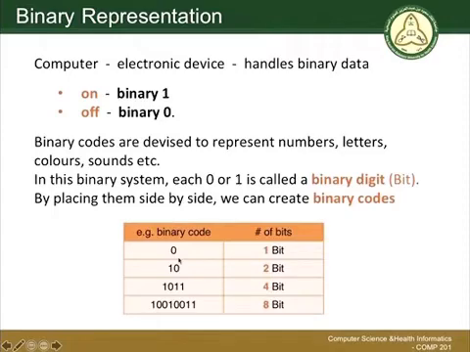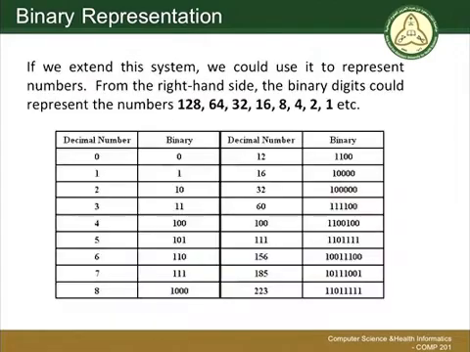If we increase the number of bits, and I want you to make a connection that the number of bits is similar to the number of dots in a Braille system, we can increase the number of unique binary codes, and we can use these binary codes to represent more data.